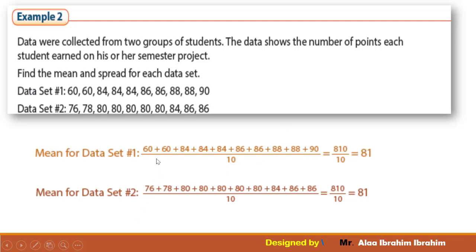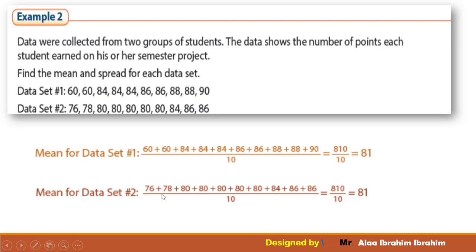I found my numbers here: 60, 84, 86, 88, 90, but here 76, 78, 80, 80, many 80s here, and 84, 86. You found the numbers look close to each other. Here 60 goes to 84 directly, so we have a gap, but in the second one they look close to each other.